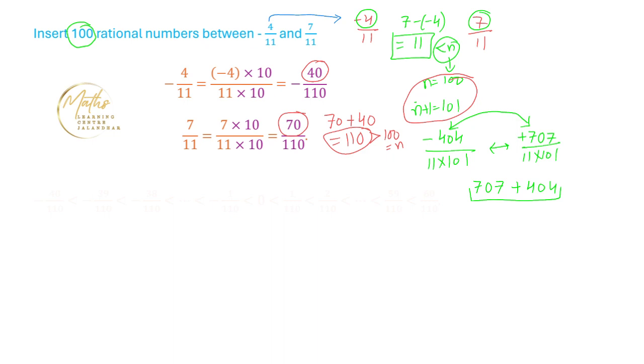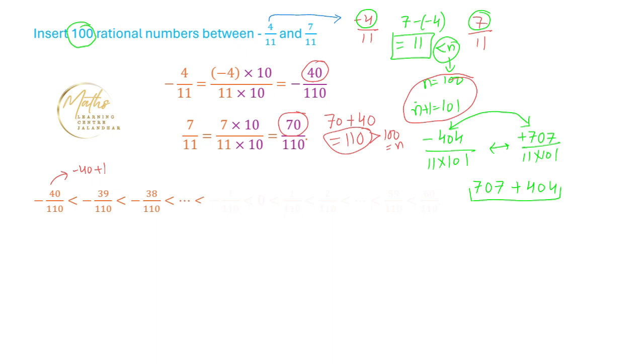So we are going to write the required numbers now. The first number, which is already given, is minus 40 by 110. We add 1 to the numerator, which is minus 40. When we add 1 to this numerator, the numerator of the new number becomes minus 39 by 110. We add 1 to this, it is minus 38 by 110.